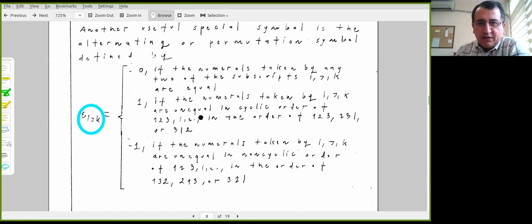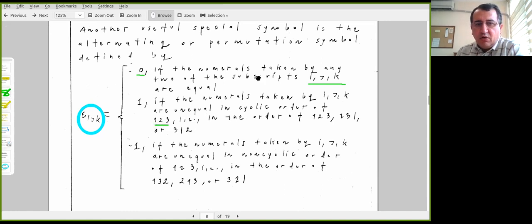And how do we define this mathematically? There are three subscripts, and if any two are equal, this has to be zero. That's the first condition. It's a conditional tensor. If the values taken by ijk are unequal and in cyclic order of 1, 2, 3, then it's 1.